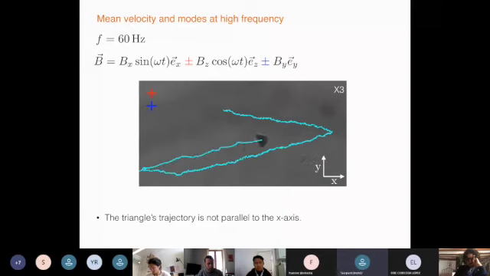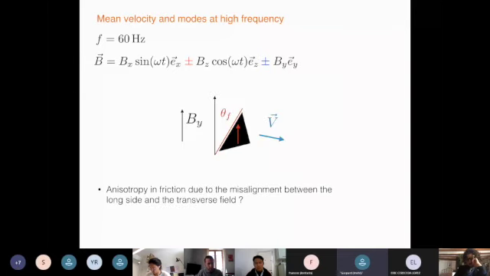And this could be due to the fact that, as I mentioned at the beginning, the permanent magnetic moment of the triangle is not necessarily aligned or perpendicular to the long axis, and makes an angle when you apply the static field. And this misalignment could be at the origin of anisotropy in friction that will induce this drift velocity.